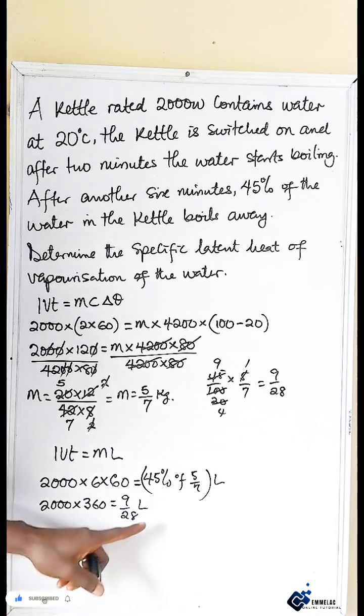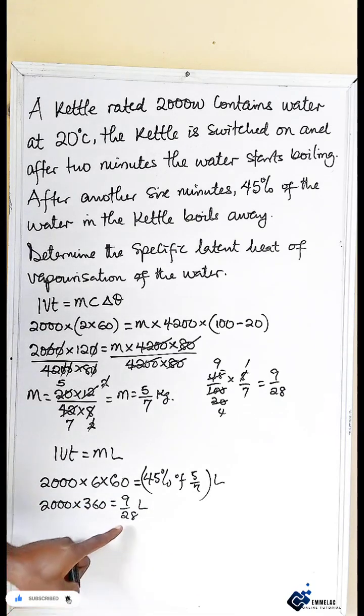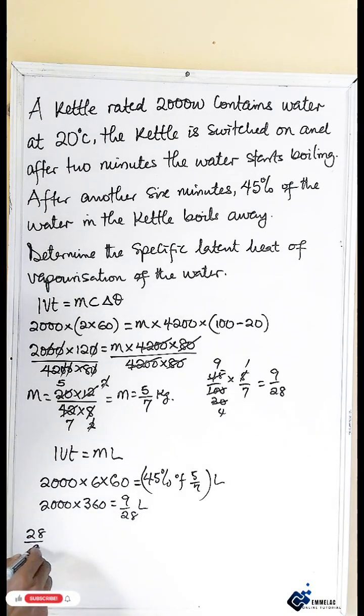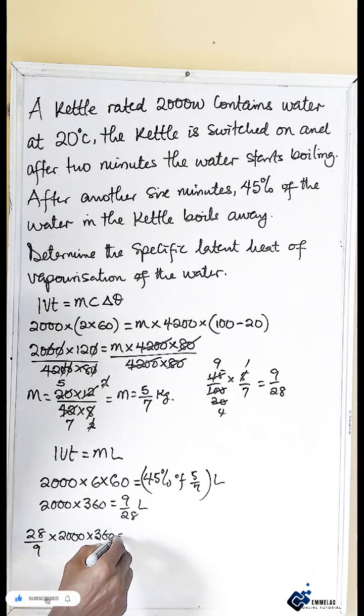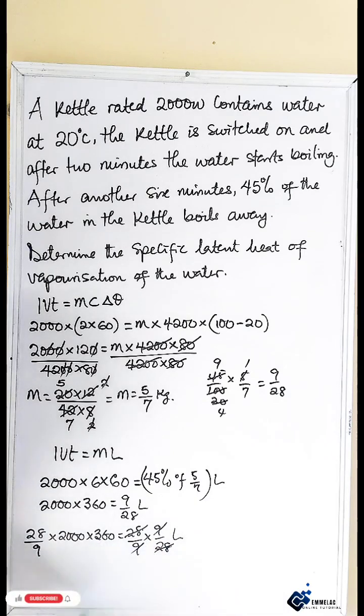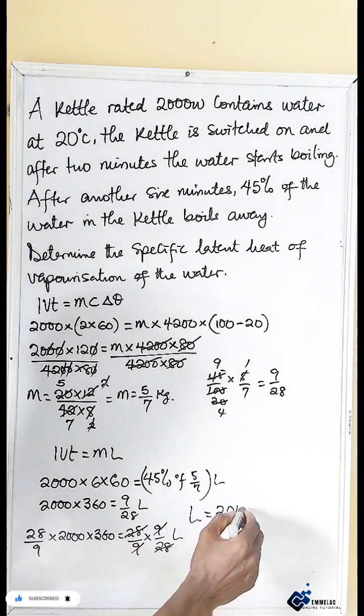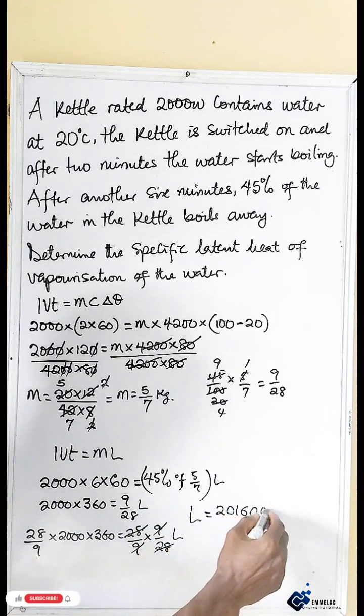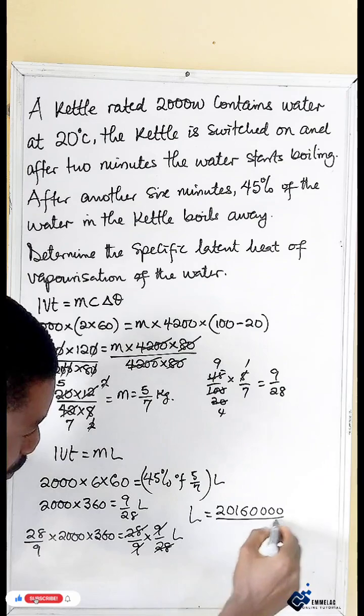So for us to find the value of L, let us multiply both sides by the reciprocal of 9 over 28, which is 28 over 9, times 2000 times 360, equals 28 over 9 times 9 over 28 L. This helps us eliminate the coefficient of L. So at the end of the day, multiplying all through, we have 201,600,000 all over 9.